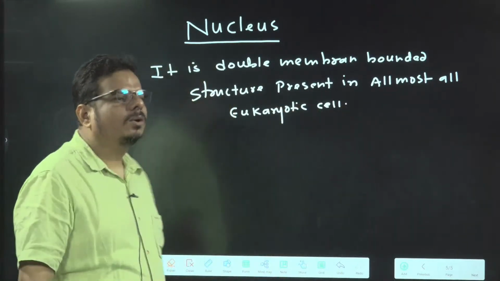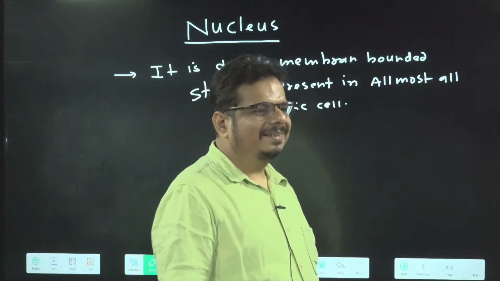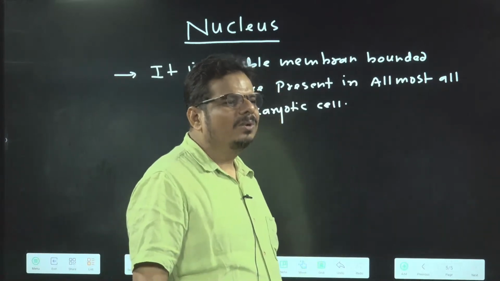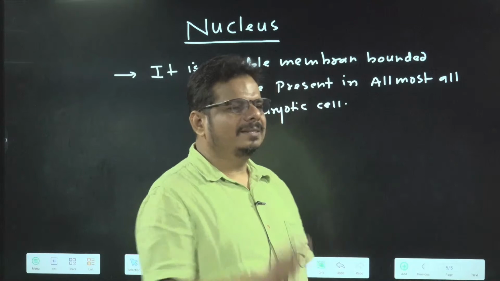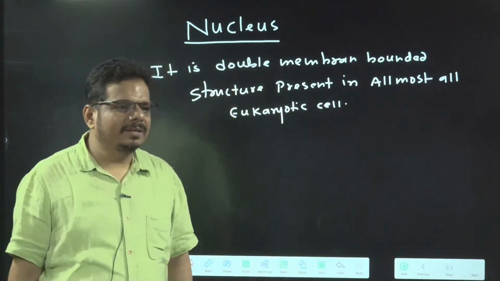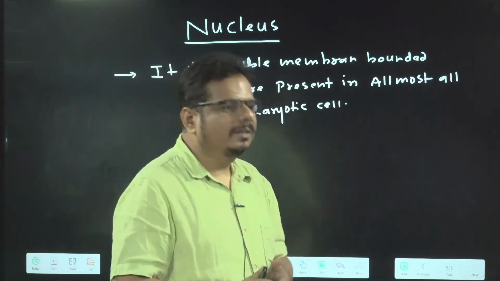Almost all means not all. Some exceptions are there. Getting the things or not? Almost all means most of the eukaryotic cells. I just use this word to make you understand. Almost all doesn't mean all.